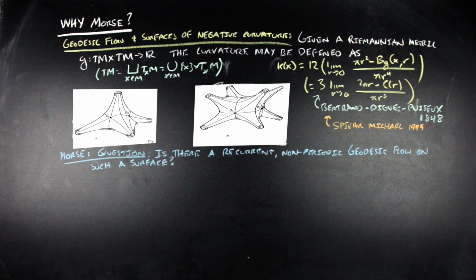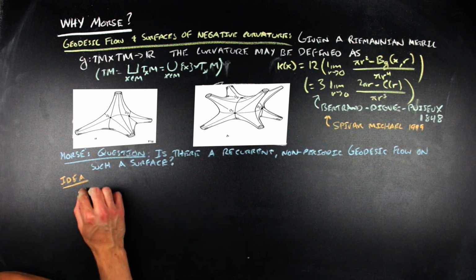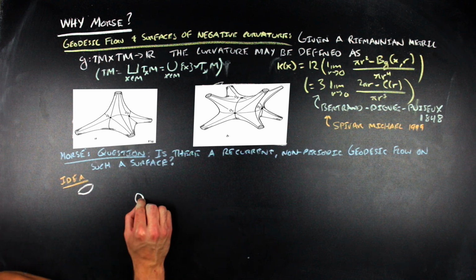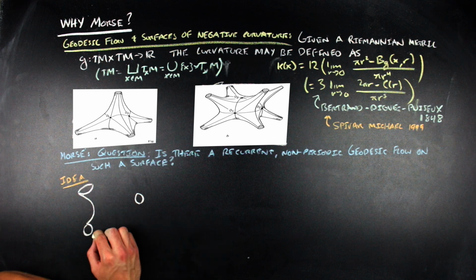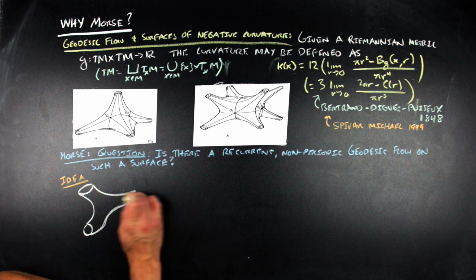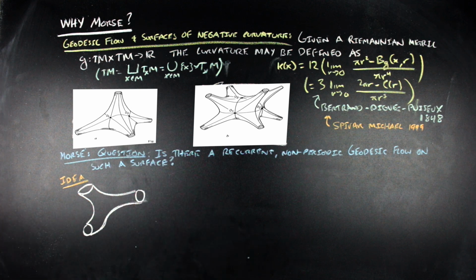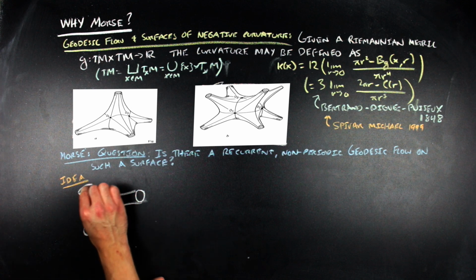The way Morse talks about this in his paper, which doesn't have visuals and is thus actually kind of a slog to read if you're not someone who can think about things in 3 dimensions or higher, is he has this sort of surgery process for investigating this. What you do is you have your surface of negative curvature, right? So here I've gone ahead and drawn an example on the board, and each of these surfaces of negative curvature has these bounding geodesics, which are these geodesics at the edges of these cylindrical nodes of the surface.